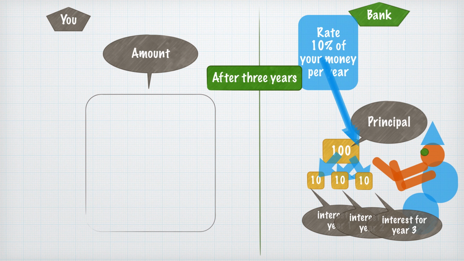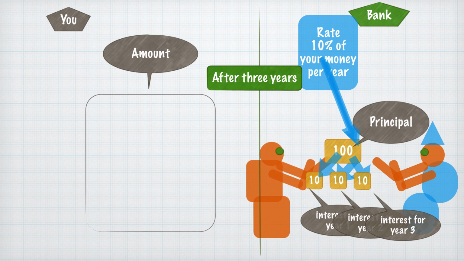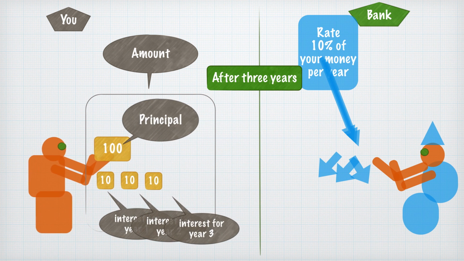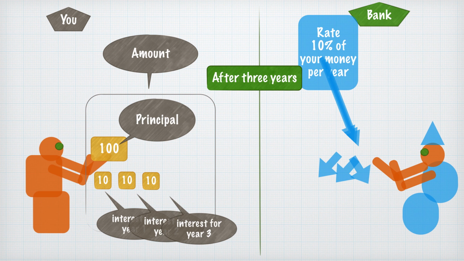Now, you will come back after 3 years and take away all your money. So, what will you get? You will get your principal back, that is 100 rupees, and you will get 30 rupees extra, right? 10 for each year, right? So my amount is my principal plus the interest for the first year plus the interest for the second year plus the interest for the third year, right?